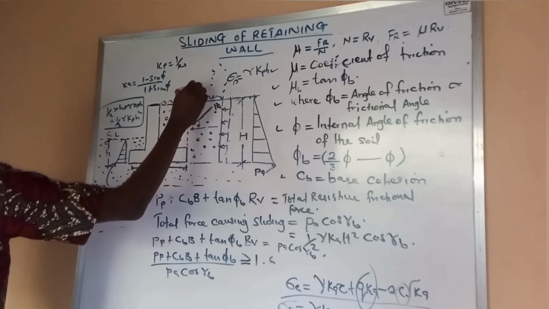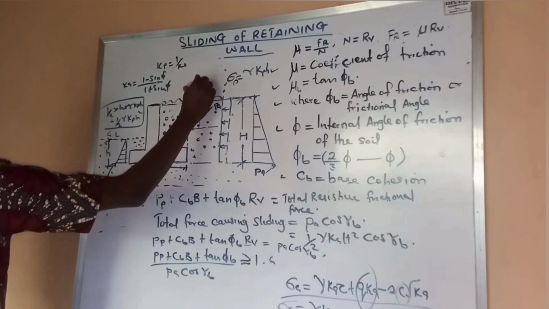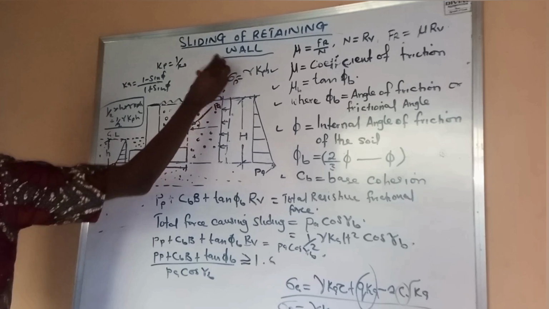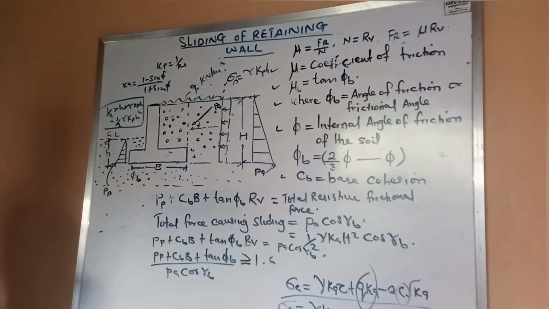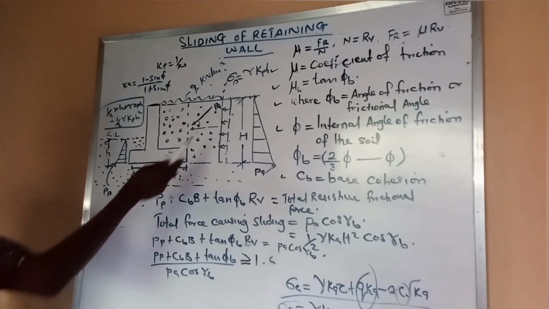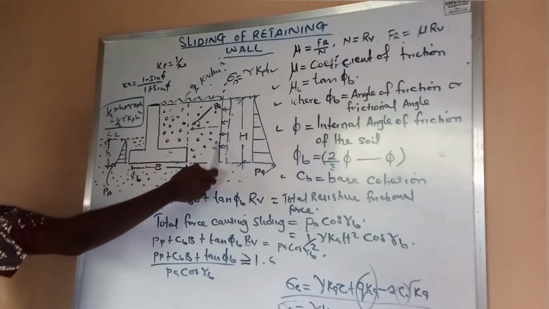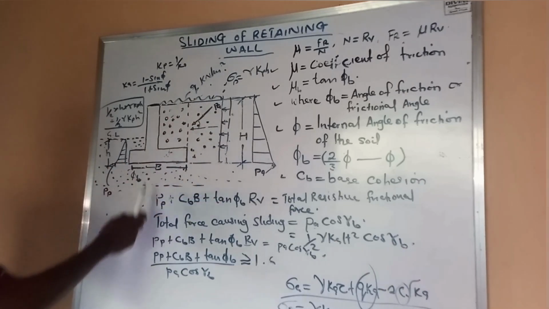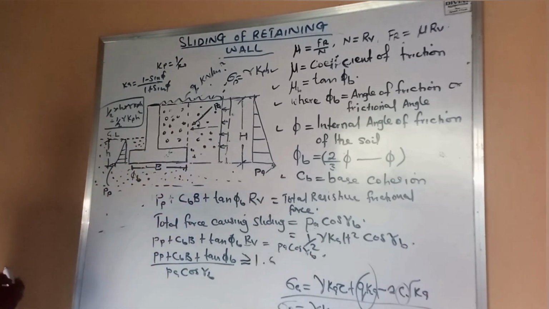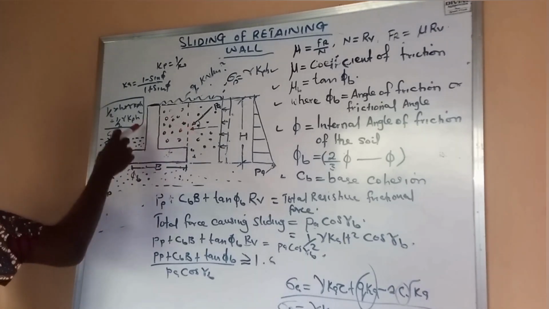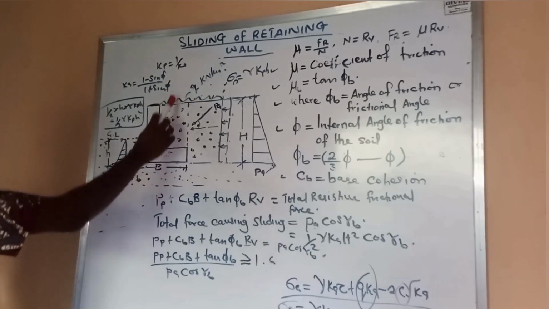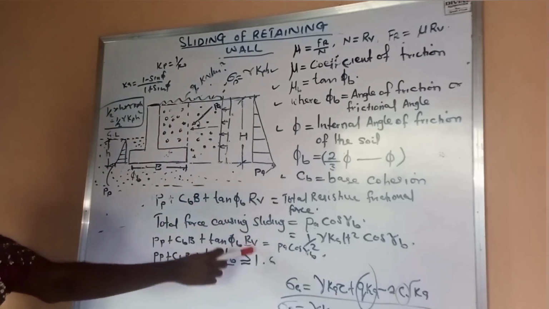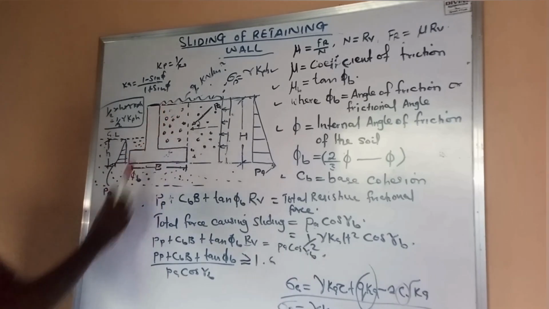Let's call it Q, expressed in kilonewton per meter square. So in this case, where you have a horizontal backfill, what happens is the surcharge develops a lateral stress in this direction, which is going to be multiplied by the coefficient of active pressure. All right. So when you do that, you are going to also discover that the surcharge load also acts as part of the vertical load, which is our RV, on the heels of the retaining wall.